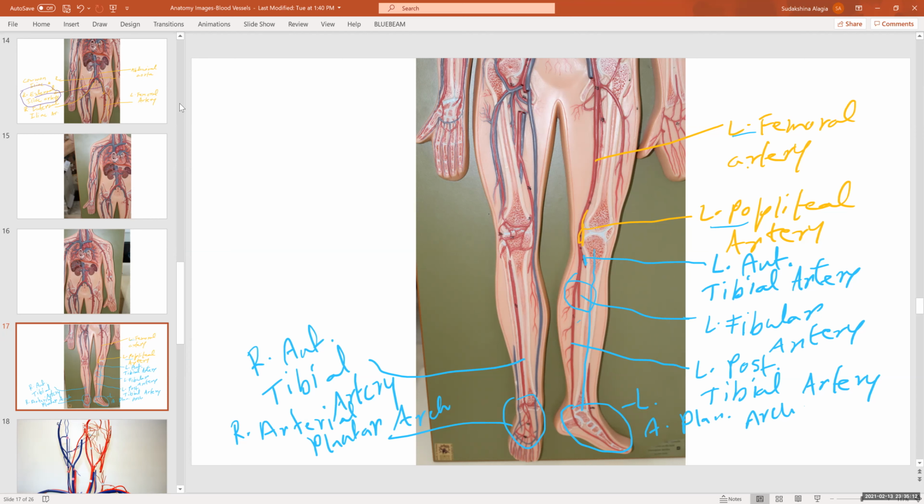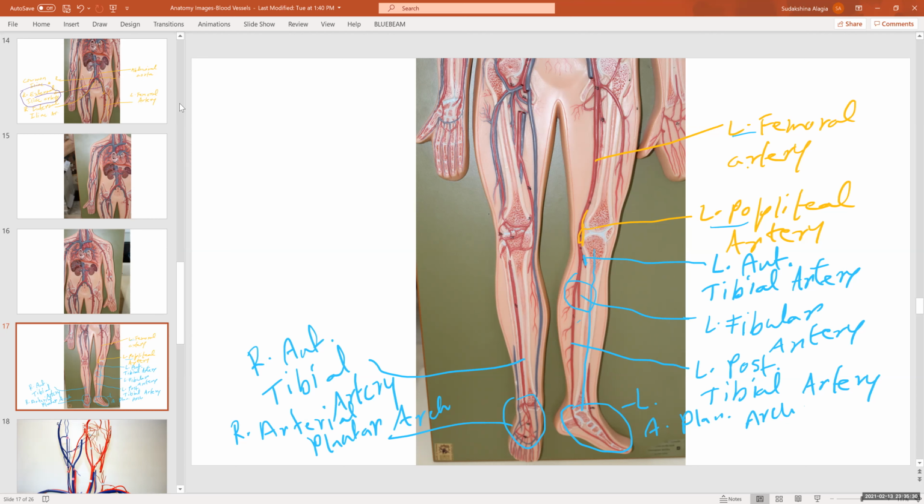Then from the plantar arch, just like we saw for the upper extremity, from the palmar arches and plantar arches, when it comes to the veins, rule of thumb, there are more veins than arteries.